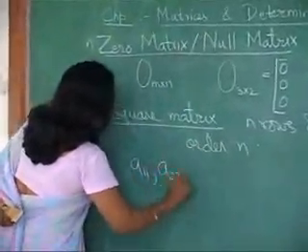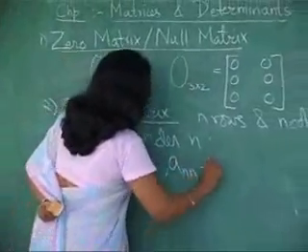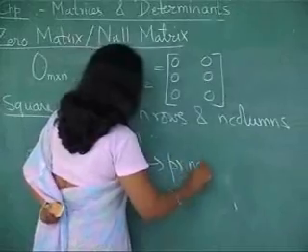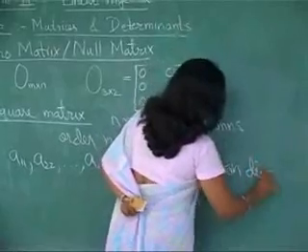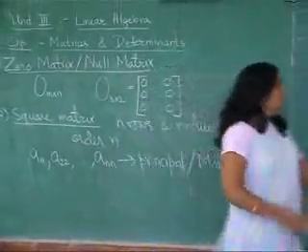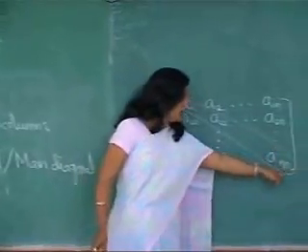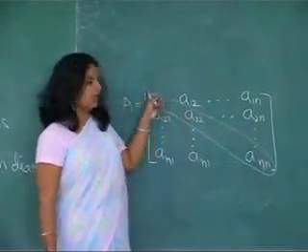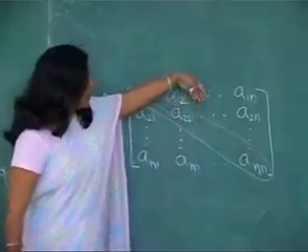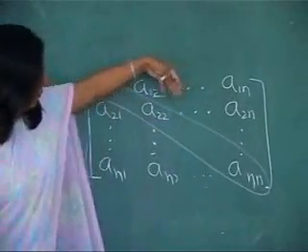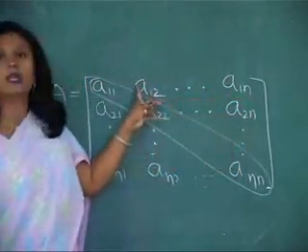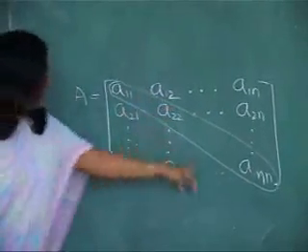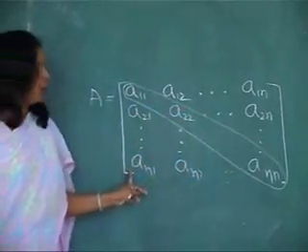All such elements, A11, A22, Ann, are said to be elements on the principal or the main diagonal. So these elements A11, A22, A33 and so on are all elements on the main diagonal. All these elements A12, A13, A14, A23, A24 and so on are said to be elements above the diagonal, and these elements are said to be elements below the diagonal.